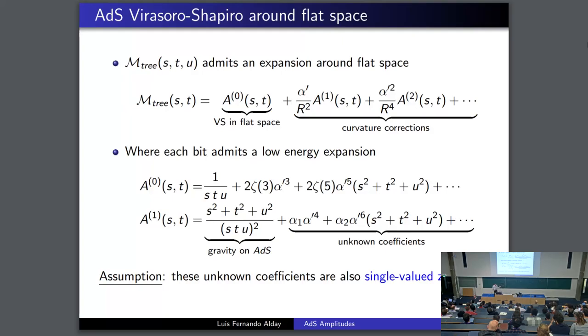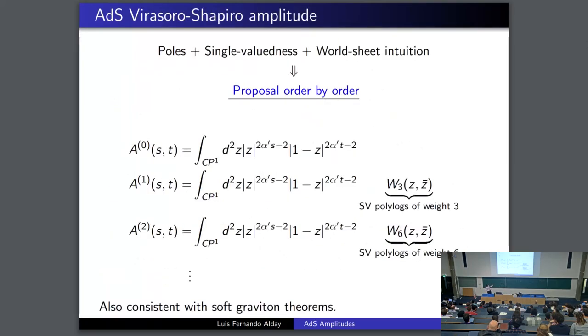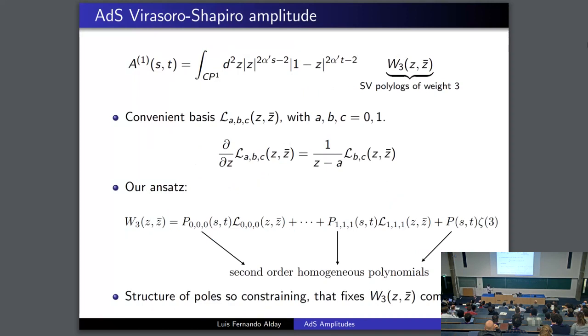But now we don't anymore, because there are only 8 single-valued polylogs of weight 3, okay? So now the ansatz has reduced from an infinite number of coefficients to basically 8 coefficients.